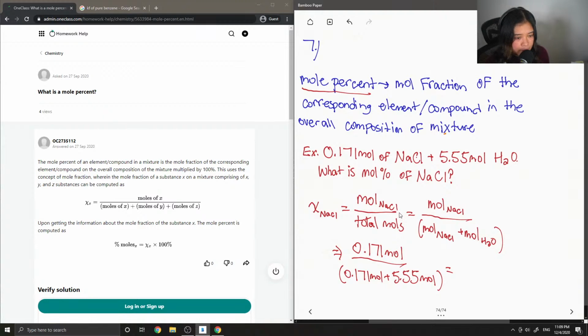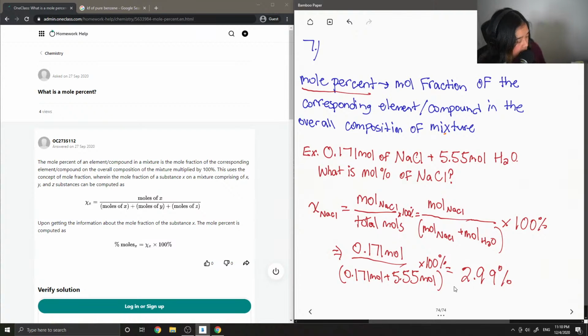Oh, and this whole thing should be multiplied by 100. Forgot to add that part. So that gives us the mole percent, and you should get around 2.99%.